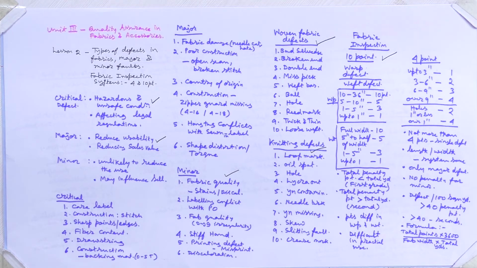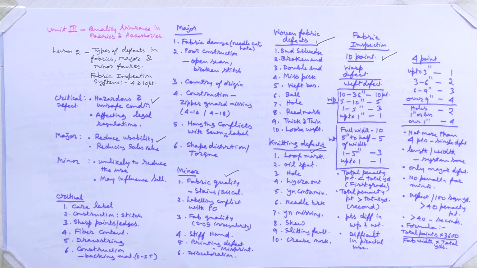Defects per 100 square yards, if that penalty point is more than 40, then we will reject the lot, and if it is less than 40, we will accept the lot. So such a classification is there, but again this is a normal category.